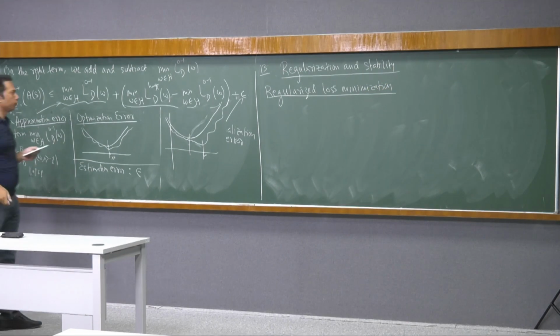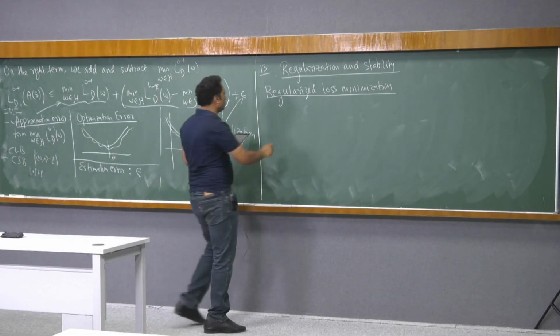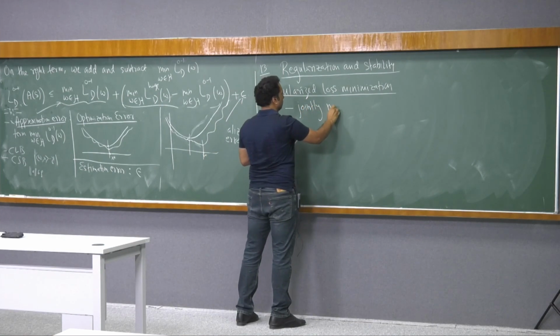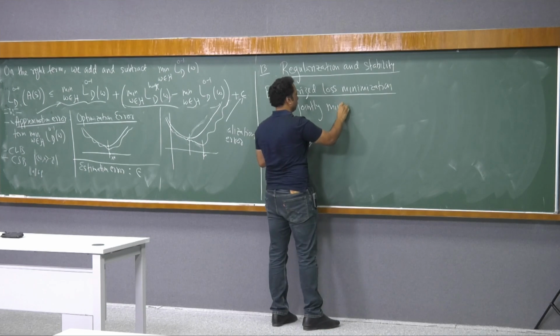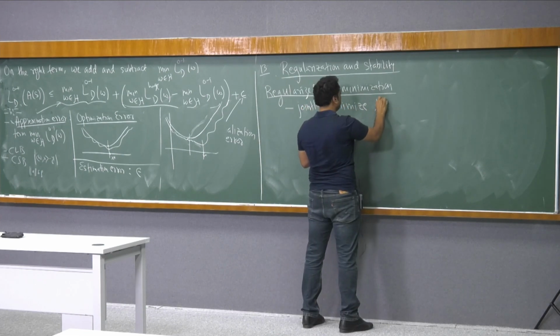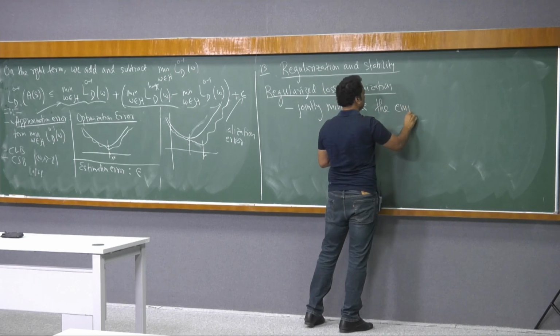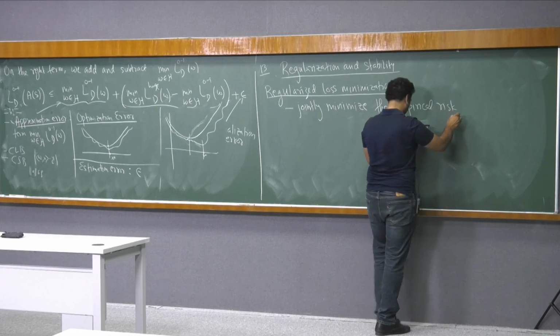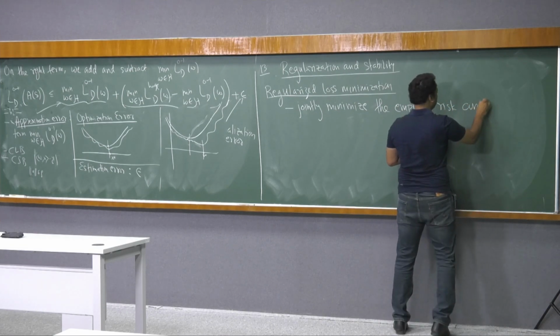This is a learning framework where we jointly minimize the loss, the empirical risk or the loss risk, and a regularization function.